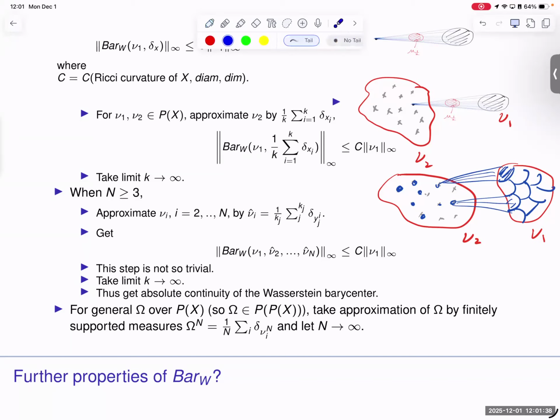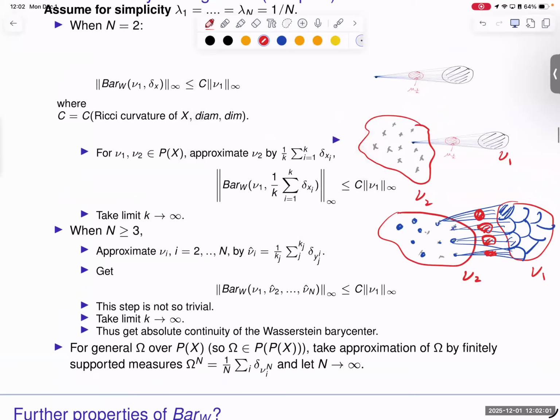And then for each such correspondence between these partitions, if you consider the Wasserstein barycenter, you have something in the middle which is absolutely continuous, just the same feature as before.